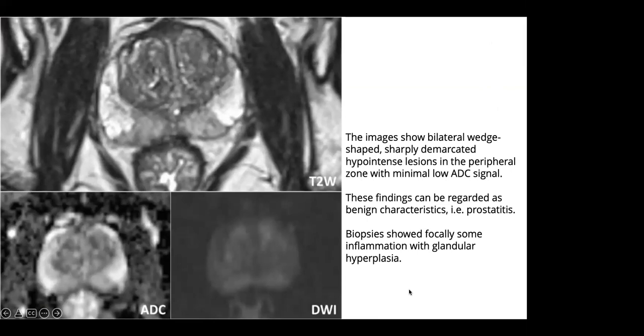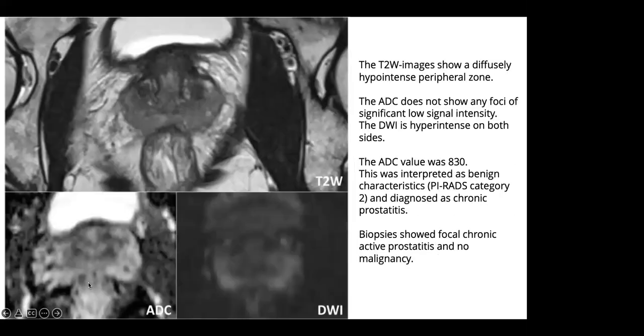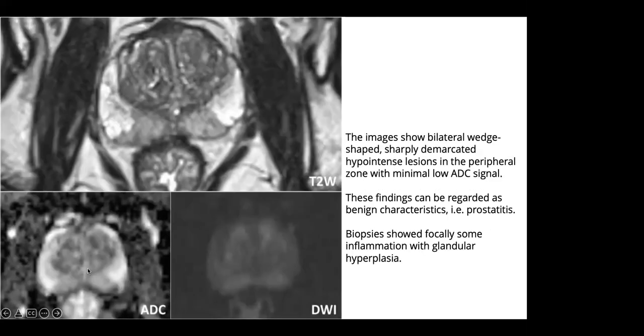So on the next slide, we see lesions at the peripheral zone bilaterally. They are slightly hypointense but well defined with sharp margins, kind of wedge shape, and they are kind of symmetrical. And on subsequent ADC, they are again slightly hypointense, but not very hypointense.